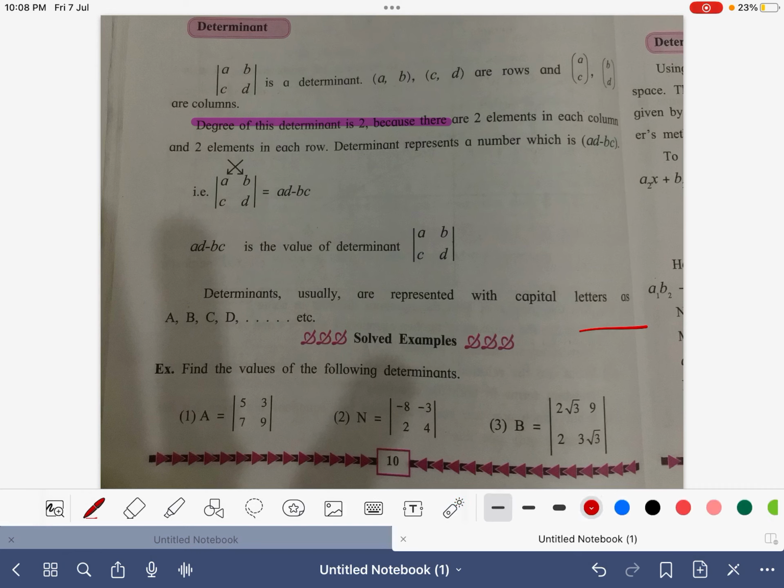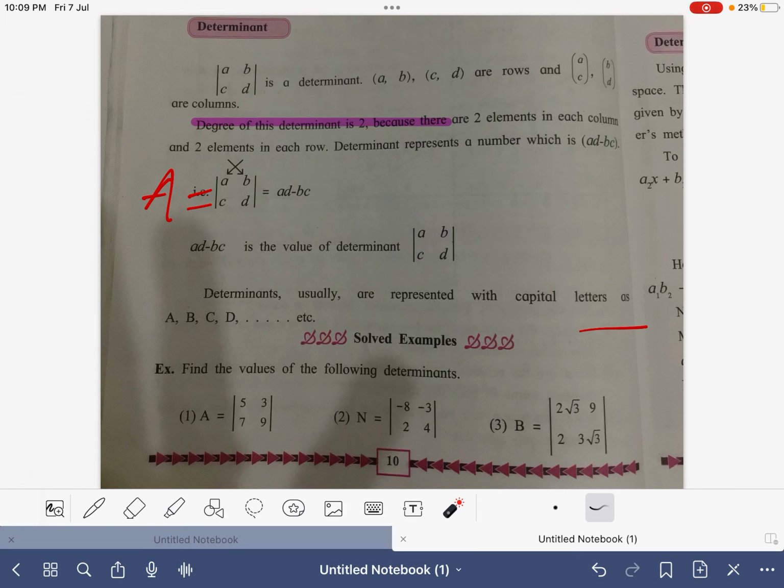Clear? Suppose, let's take an example capital A, which is the determinant given to you, and A is nothing but a, b, c and d. These are the 4 values given to you. So always keep in mind, we have to cross multiply.